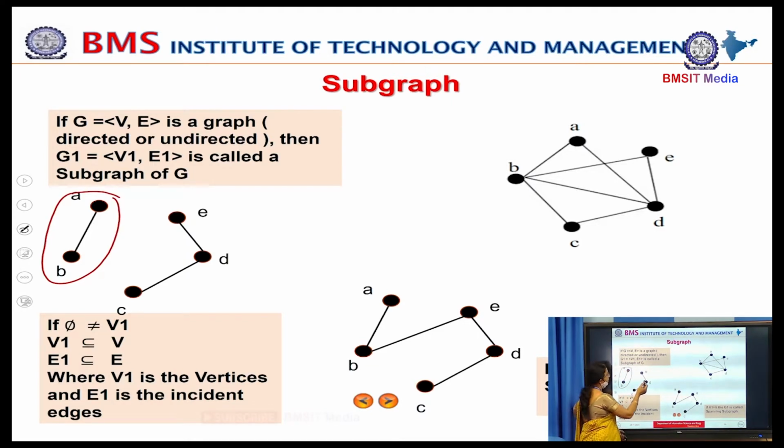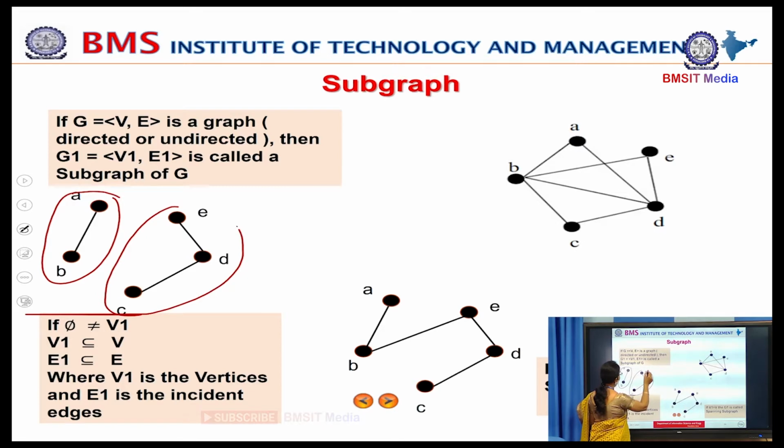And I have considered here E, D and C. This forms a subgraph. So a graph G1, which is a set of vertices V1 and a set of edges E1, is called a subgraph.